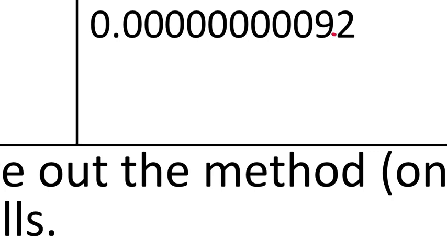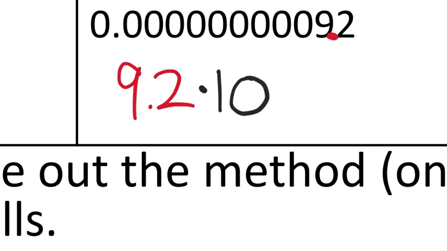So I'd look at this and I'd say, look, the decimal has to go between the 9 and 2 right here, right? Which is going to make that 9.2 times 10 to some power, because we're changing this into scientific notation. And we see the two decimals, where it was originally and where we need it to be placed for scientific notation. Now, the number originally was less than 1, so I know the exponent's negative, just like the previous one.